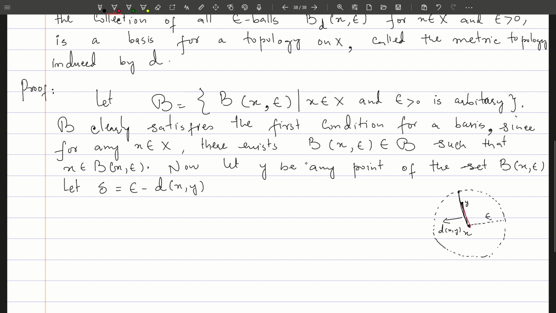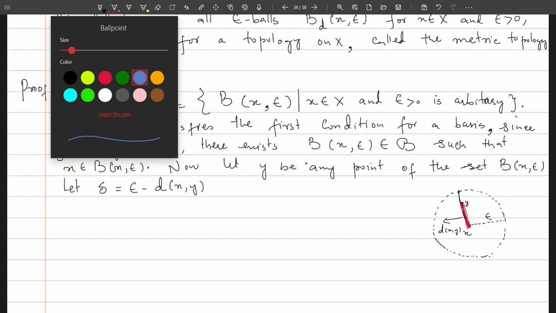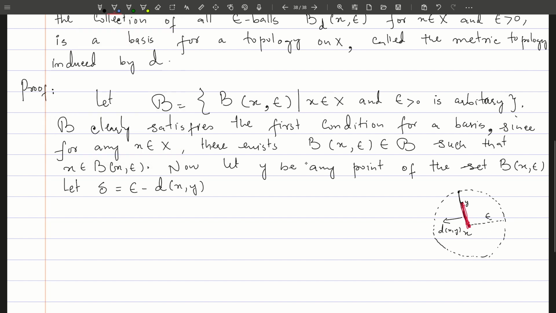This red segment is the distance between x and y, and this blue line is the epsilon.